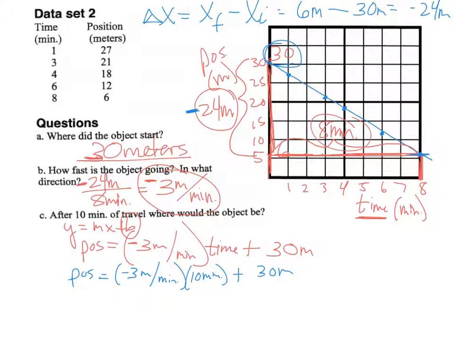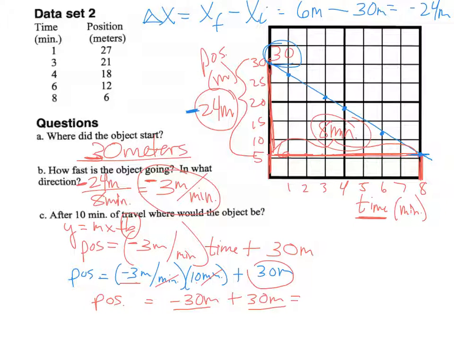And you'll notice that when I take negative 3 meters for every minute times 10 minutes, my minutes cancel, and I get negative 3 meters times 10, which is negative 30 meters. Plus, I can't forget my y-intercept, plus 30 meters. Are you seeing what I'm seeing? We have a negative 30 meters plus 30 meters.